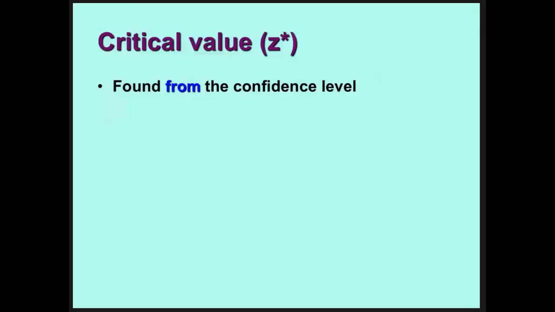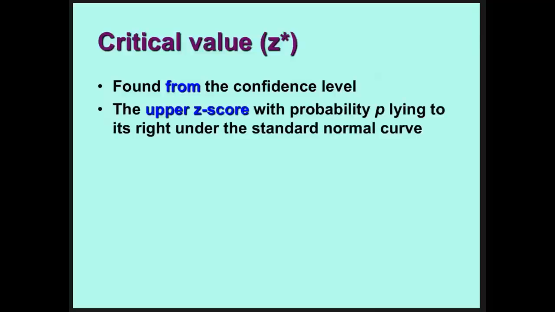Zstar is a measure of the critical value. This is found from the confidence level that we start off in the problem. This critical value is, in fact, the upper z-score with probability p to the right under the standard normal curve. Let me get some pictures up of this.